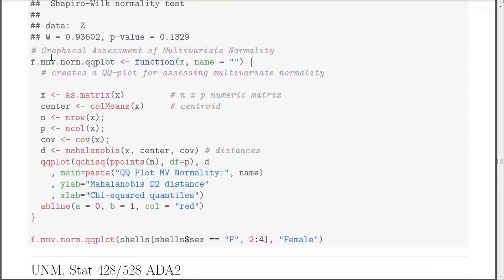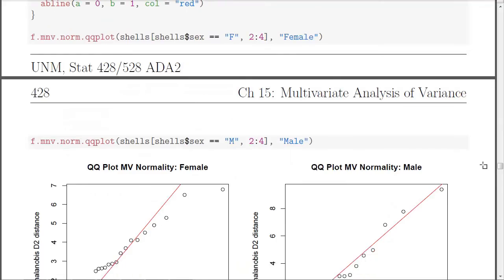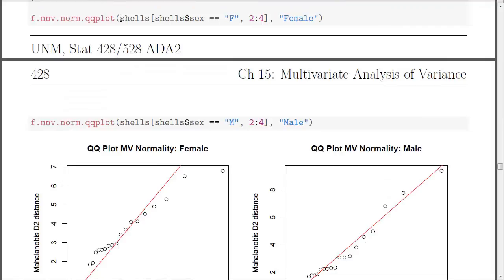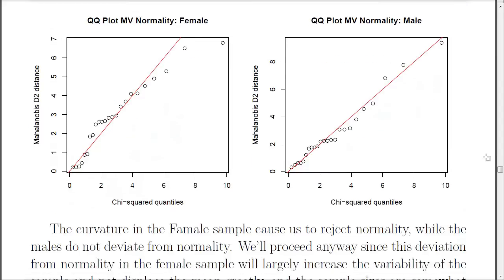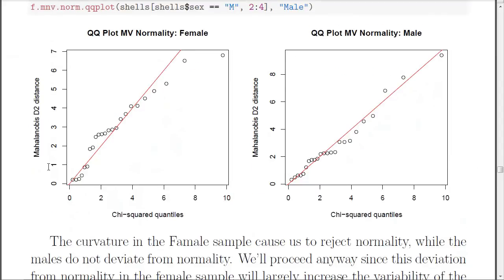And I wrote this little graphical assessment tool for multivariate analysis, where I compare the Mahalanobis distance to chi-square distribution quantiles. When you put in the data set for females and males, it produces a plot like a QQ plot, which says that the Mahalanobis distance should scale with the chi-square quantiles and follow this line.